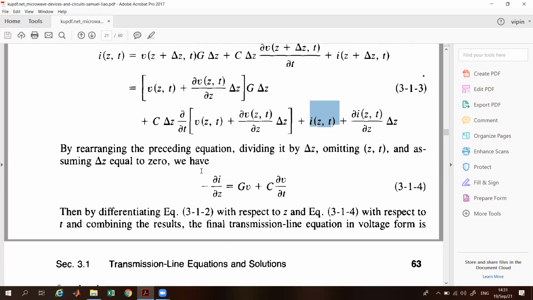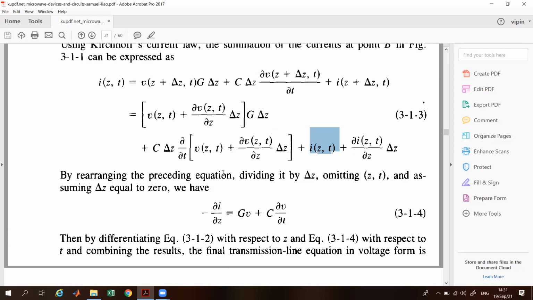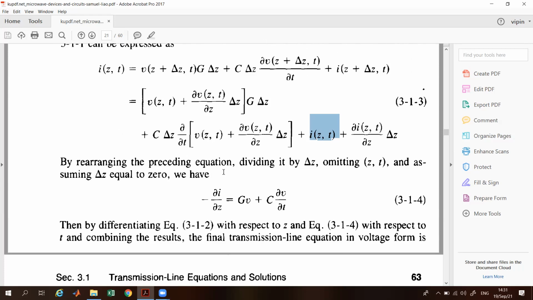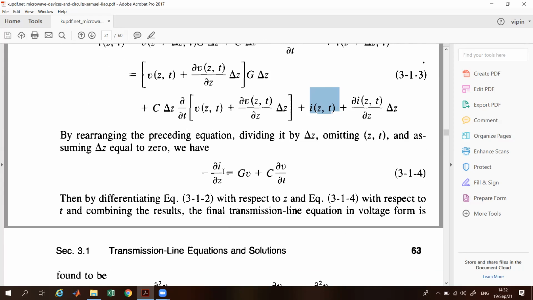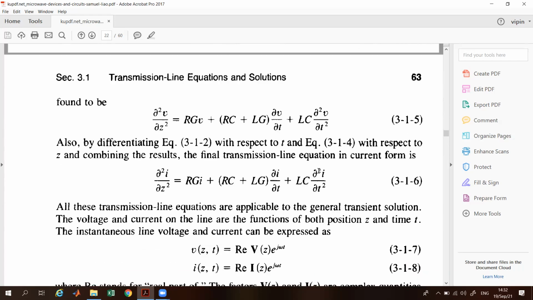Now if we rearrange this, omitting the z,t terms, and we assume that delta z is equal to 0, meaning a very small length, or we can cancel delta z from the equation because this will cancel with this, and then we can take delta z common out of all the equations. Then we have minus dI by dz equals GV plus C dV by dt.